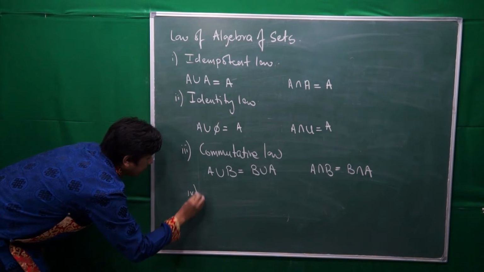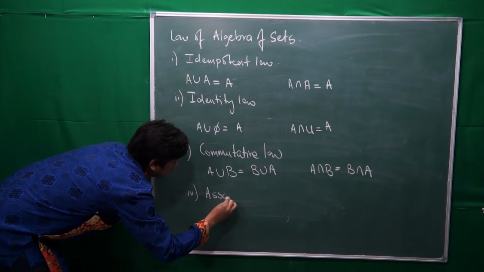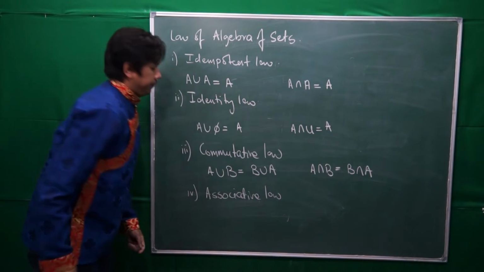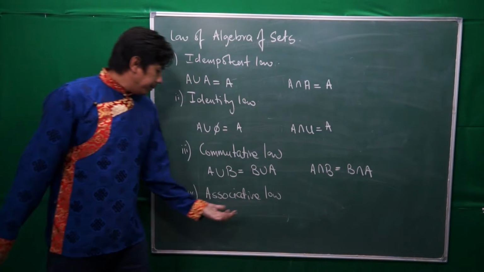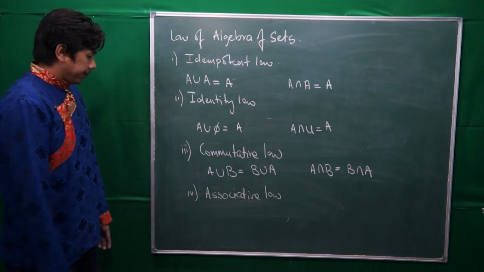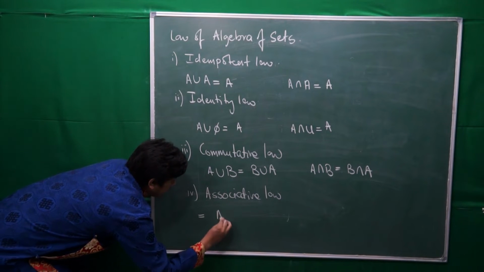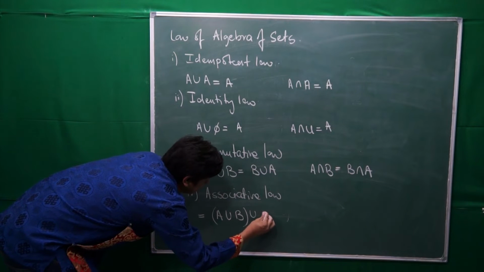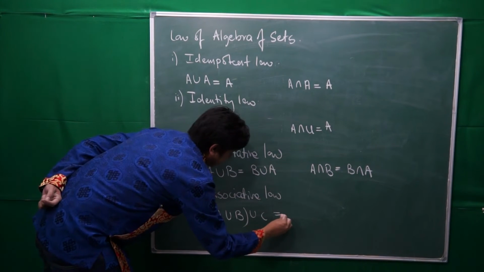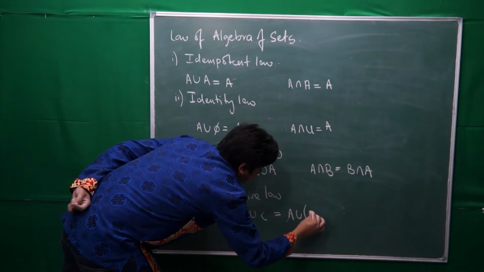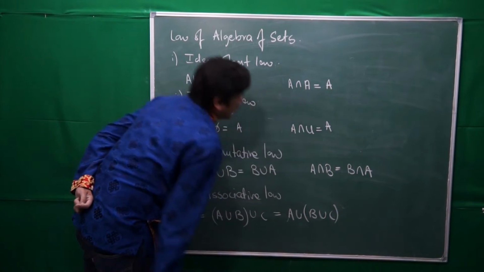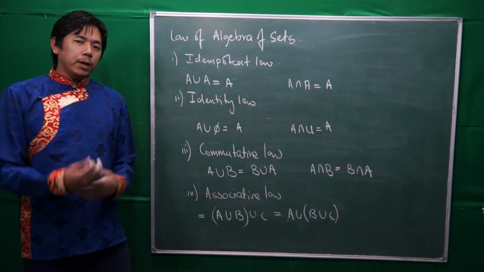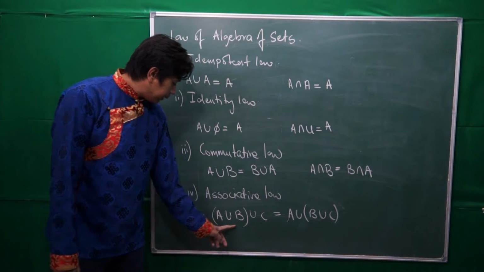Fourth, we have associative law. And this law, as the name suggests, is about associating. So if we write A union B union C, so this can be written as A union B union C. Okay, so it is clear, as you know, the bracket. When the operation is done, we follow the bracket first.